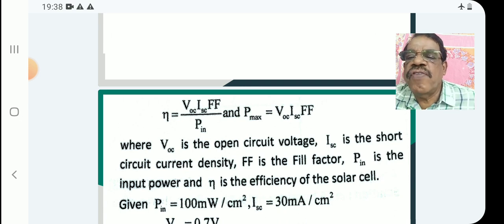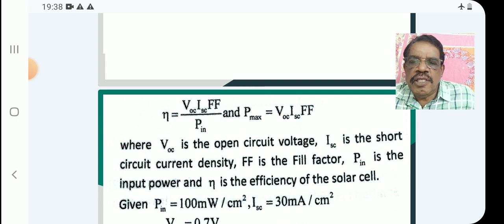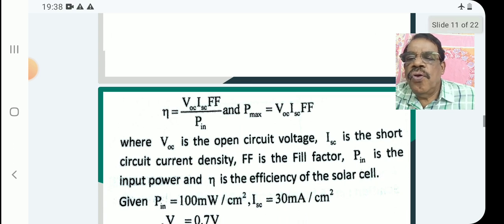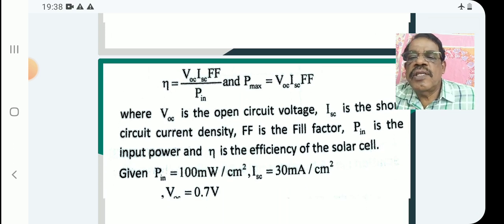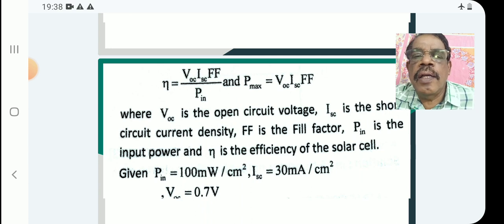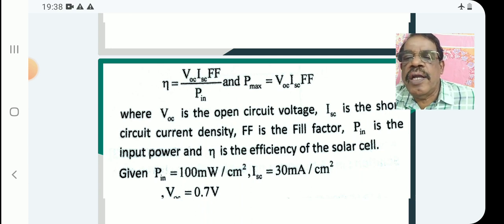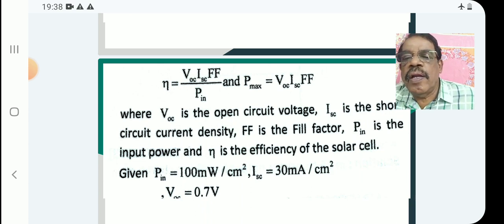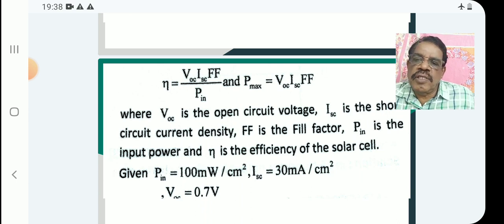So VI into FF by P in, that is the equation, and the P in is given by VOC into ISC into FF, the open circuit voltage, into short circuit current into fill factor. That is the efficiency equation eta, where VOC is the open circuit voltage, ISC is the short circuit current density, FF is the fill factor, and P is the input power, eta is efficiency of the solar cell.